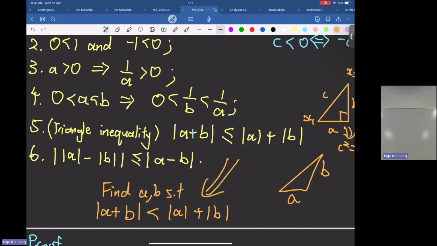Find A, B such that this strict inequality happens. Equal is quite easy, right? If you don't think that it's easy, try and find one for equal as well. Find one example for equal, find one example for strictly.